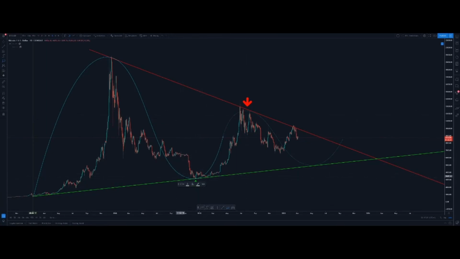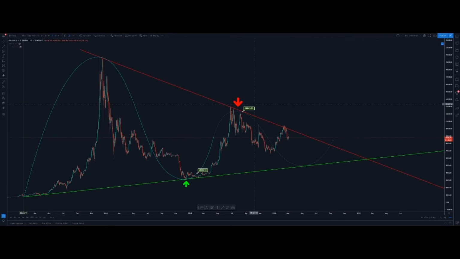The first bounce off the resistance, first confirmation. You could have bought here. Exit your long position here, or sell your bitcoins to take profit. Then you would have made approximately 220% with zero leverage.